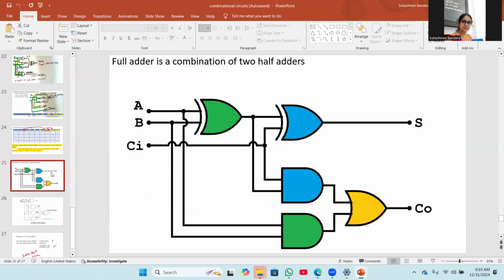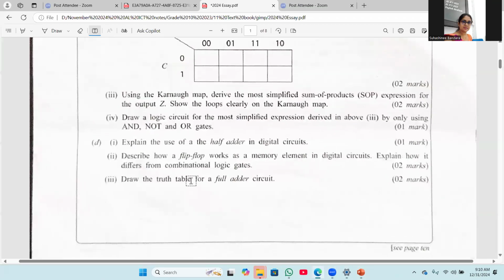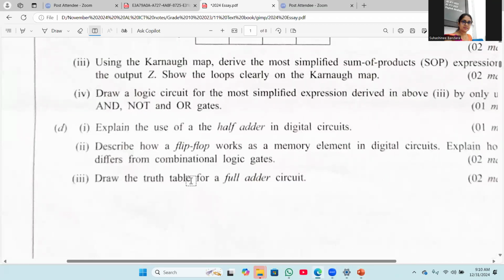Okay, so next question: describe how a flip-flop works as a memory element in a digital circuit. Explain how it differs from combinational circuits. If I ask this question, I will ask how random access memory can store data. Because random access memory consists of flip-flop circuits, and a flip-flop circuit can store single bits.